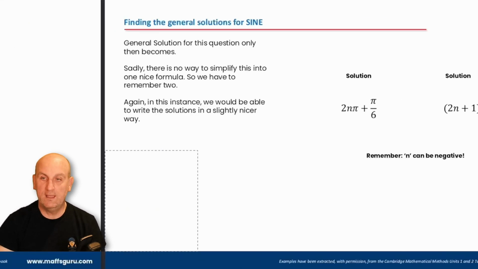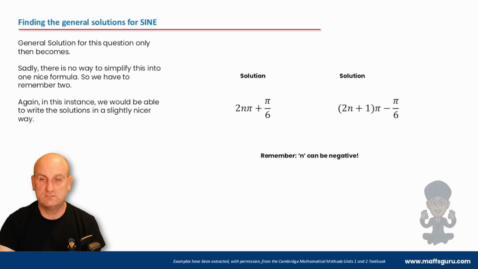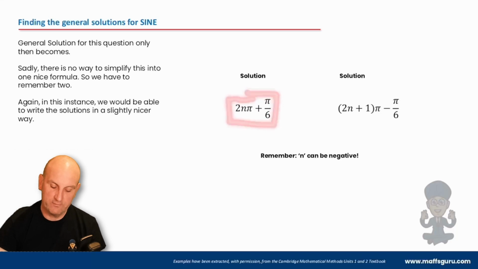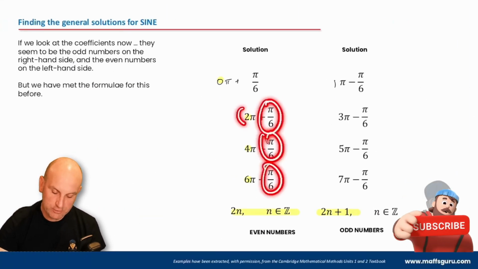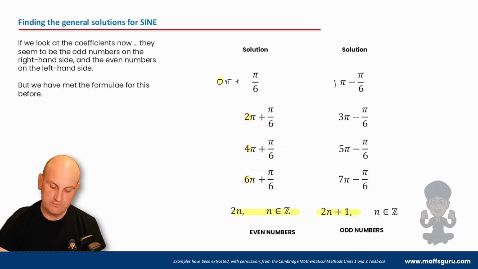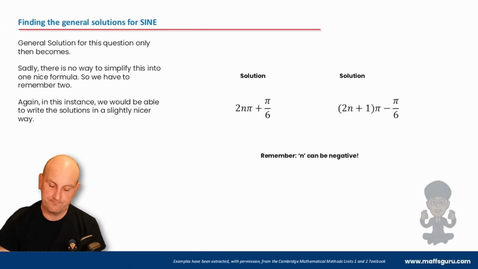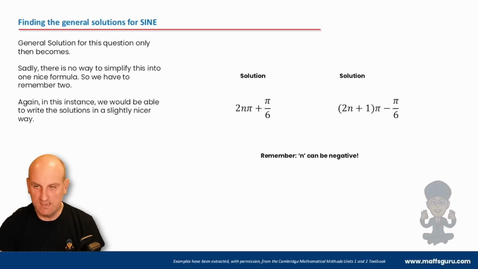So we now have a way of changing those into, and again, it's specific to the example we did before, 2n pi plus pi on 6. So again, there's my plus pi on 6. My 2n is coming from the 2, 4, 6, and my pi was there. Or 2n plus 1 pi minus pi on 6.